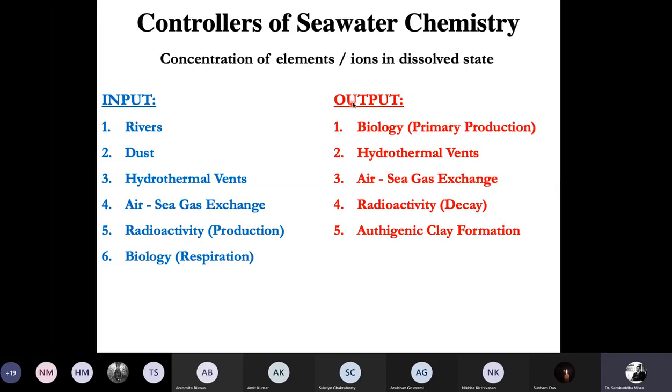The output of elements from seawater is driven by biology dominantly in the form of primary production. Please keep in mind this primary production can be formation of organic matter as well as hard tissue shells. Whenever you write with a chalk, that's an effect of biology on seawater. Whenever you walk on a marble floor, that's an effect of biology on seawater.